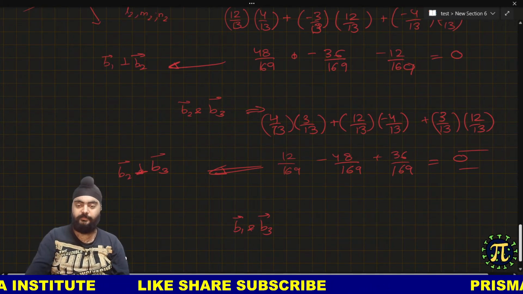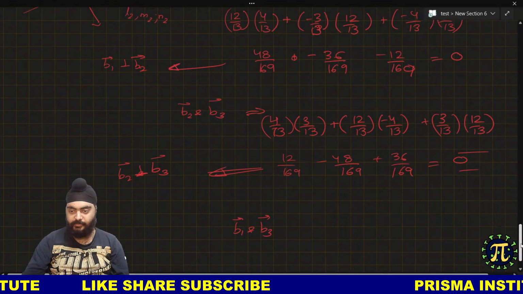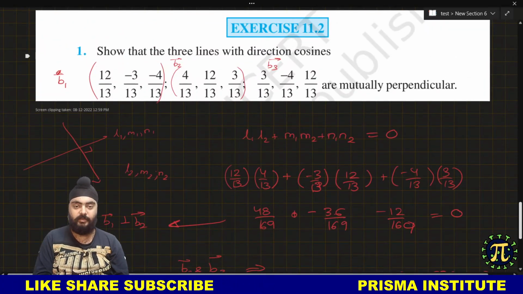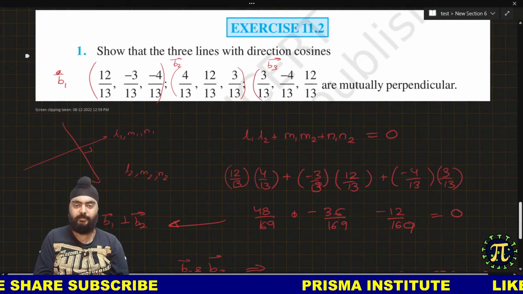So our first direction is perpendicular to the last direction. Let's see. We get basically the same numbers, right?